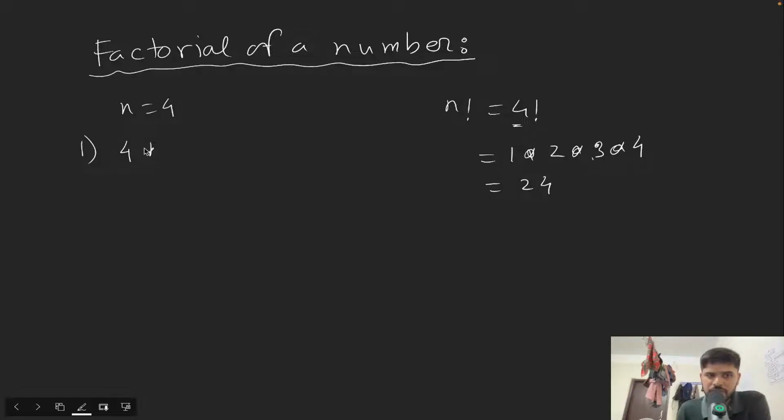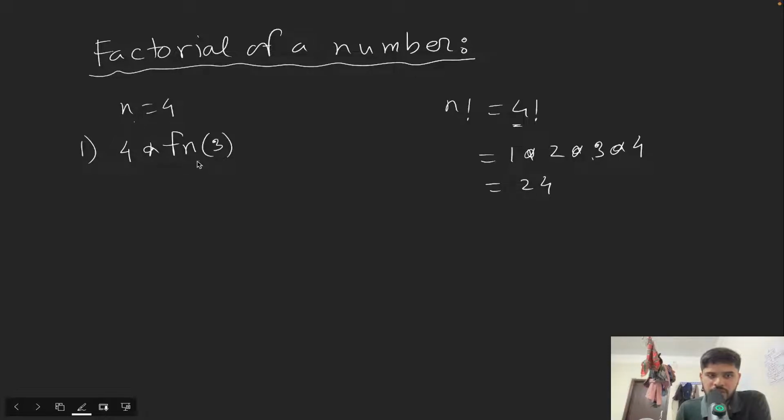I'm going to multiply 4, and then call the function with n minus 1, so we have now 3. If we can find the solution to this problem, then we can find the factorial of 4. In order to find the factorial of 4, we first have to find the factorial of 3.